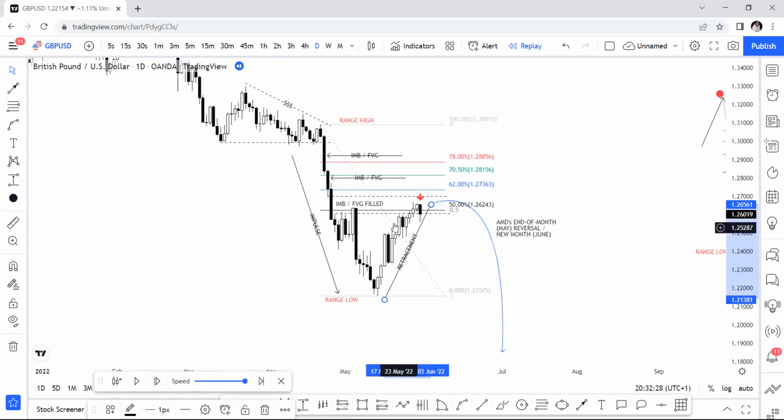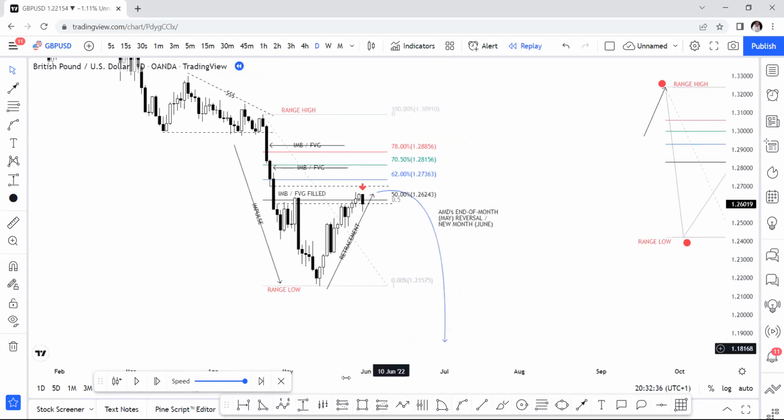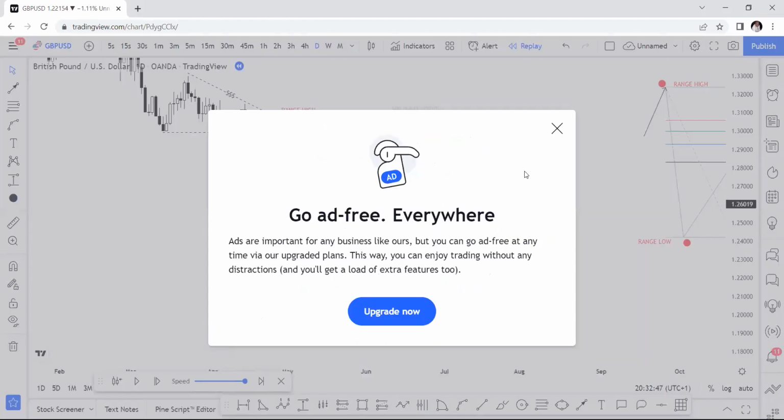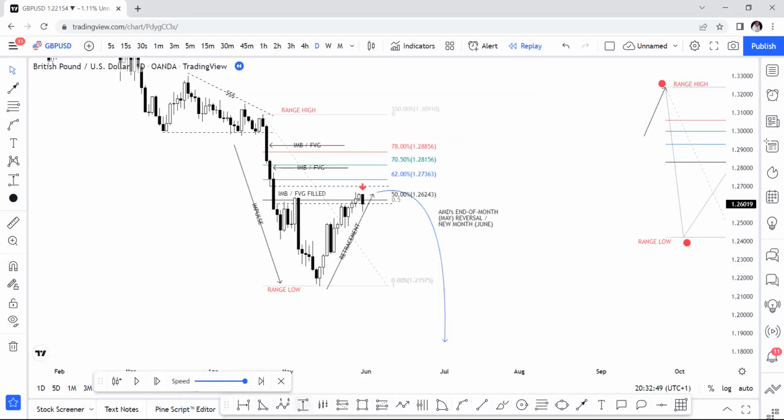Then as you get this further push downward, you arrange your new setup. If you put up your sell there, you go to target the low of the impulse.